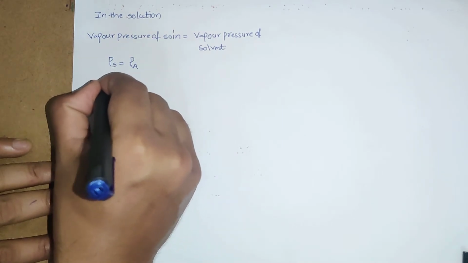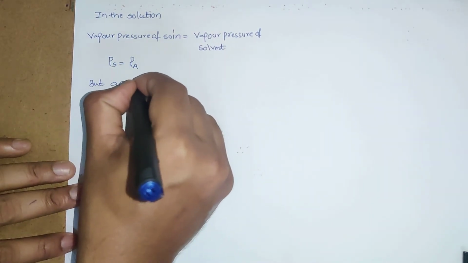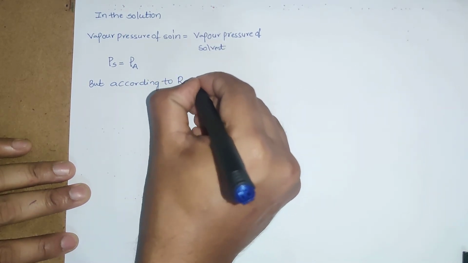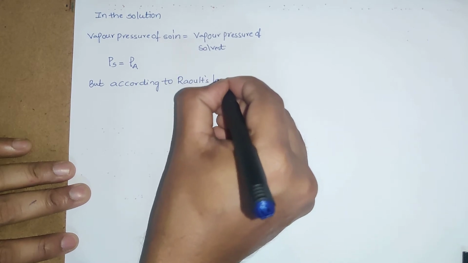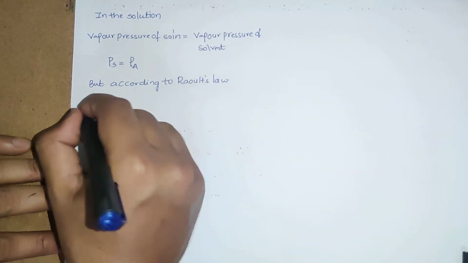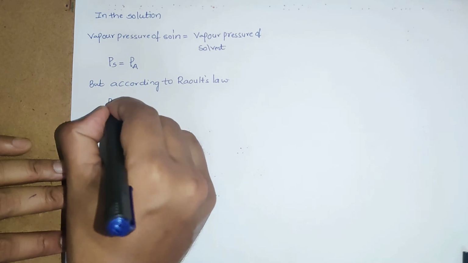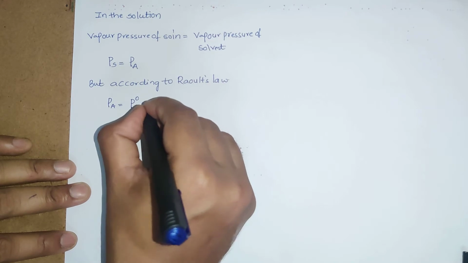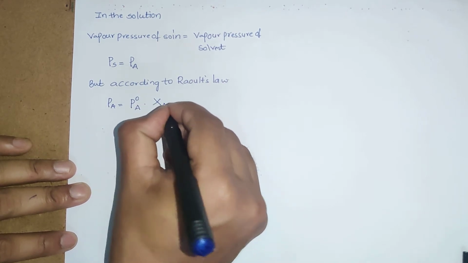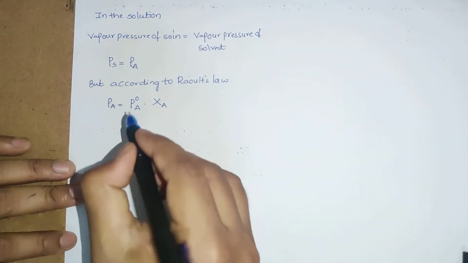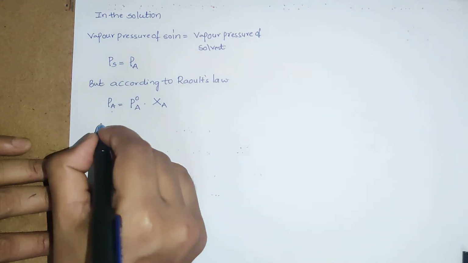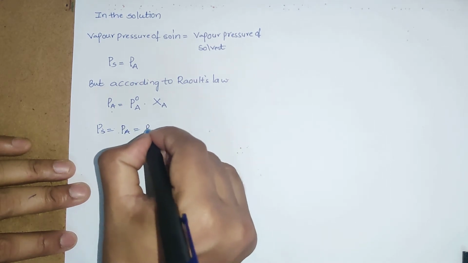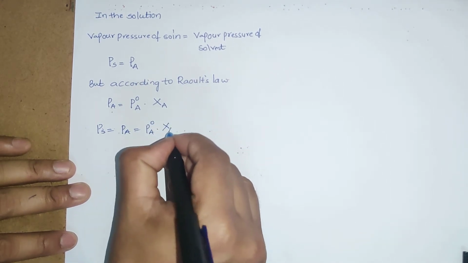But according to Raoult's law, the vapor pressure of a solvent is equal to the product of the vapor pressure of the pure solvent and its mole fraction. So PA is equal to P naught A into XA. That's why PS is equal to P naught A into XA.